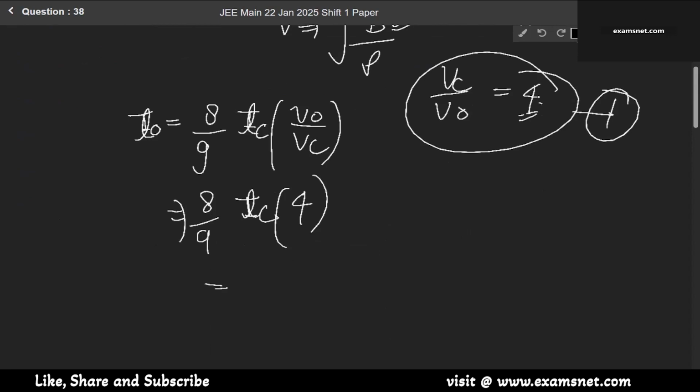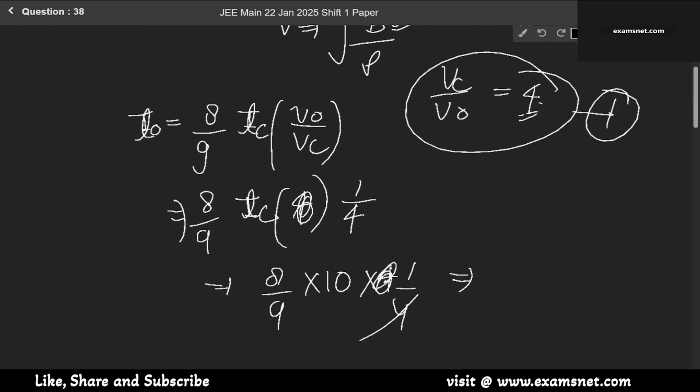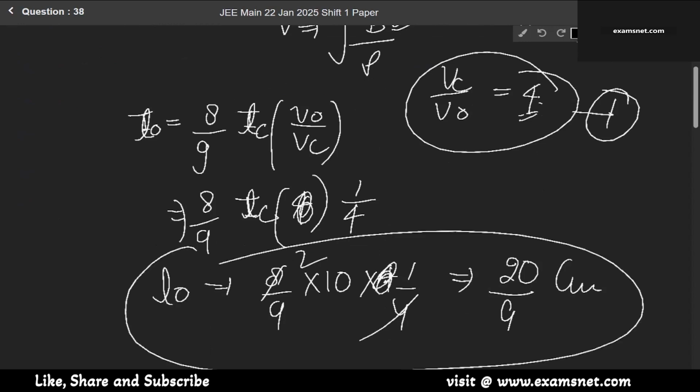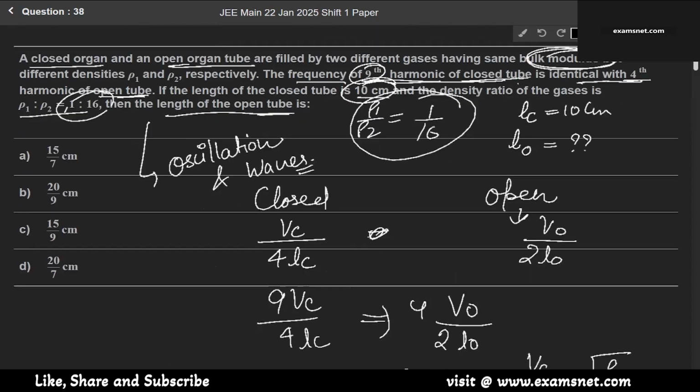So we get 8 over 9 into 10 into... sorry, it is V naught over Vc, so it will be 1 by 4, not 4. 1 by 4 times 8 over 9 times 10, so it will be 20 over 9 centimeter. So L naught will be equal to 20 over 9 centimeter, which means option B is the correct answer.